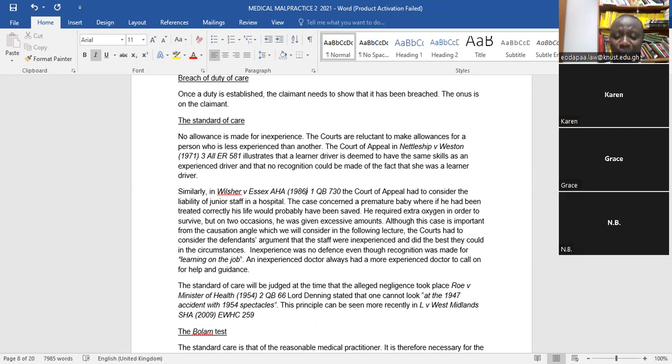That is to say that when we are talking about the standard of care, even in the normal tort, we are talking about the standard of care which pertained at the time that the tort was committed, right? The standard of care which was enforced at the time that the tort was committed, and not at the time that there has been a complaint of negligence.